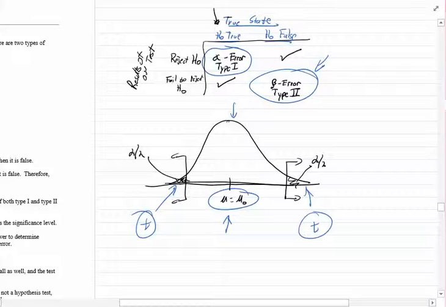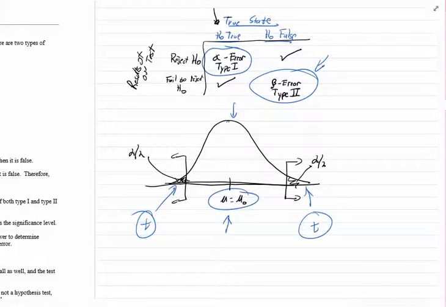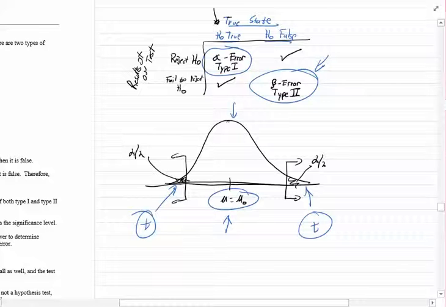If we think about a court of law, assuming H naught is true means we assume this guy's innocent. And alpha is how much evidence do you require before you convict him? So as alpha goes from 5% to 1% to 0.1%, that means you're requiring way more and more evidence to convict this guy.